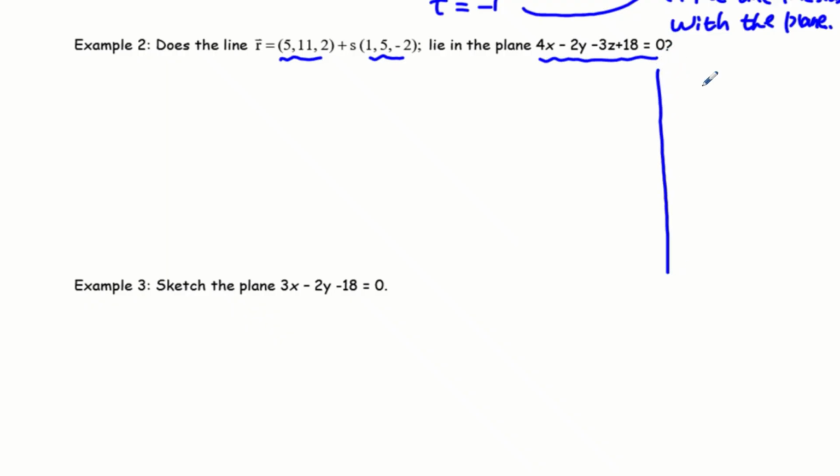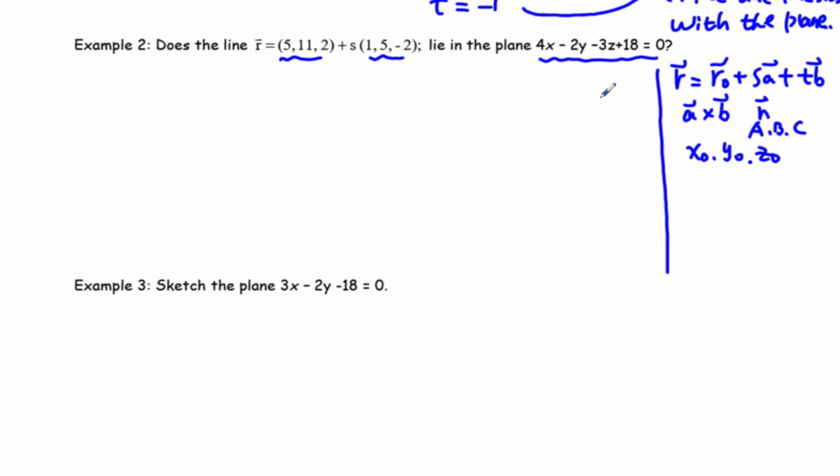If the plane is given in the vector equation, then what we want you to do is cross multiply the AB, find the normal, then from the normal, this is ABC, sub the point x0, y0, z0 into the Cartesian equation.